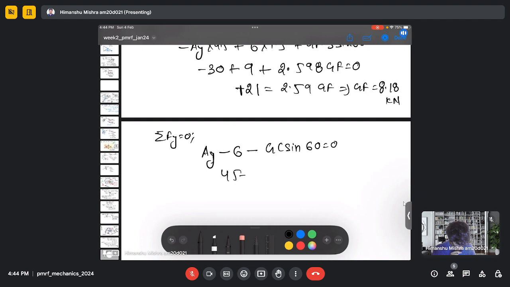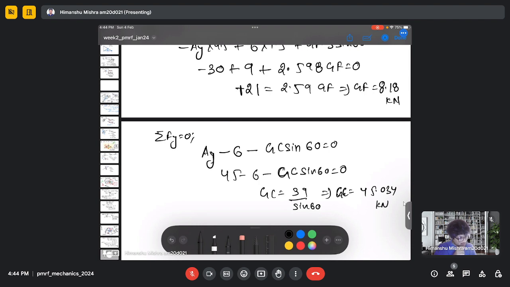And AY minus 6 minus GC sine 60 equal to 0. So it will be GC sine 60 equals that.